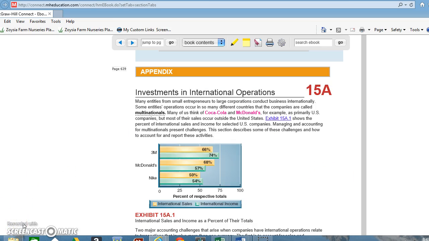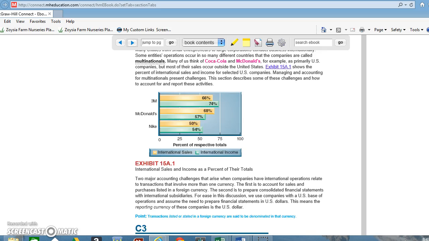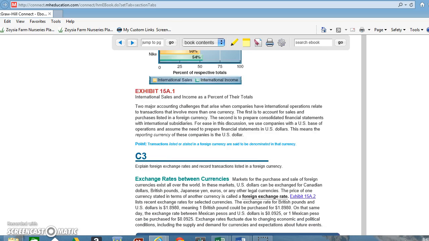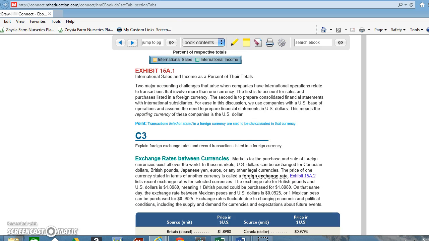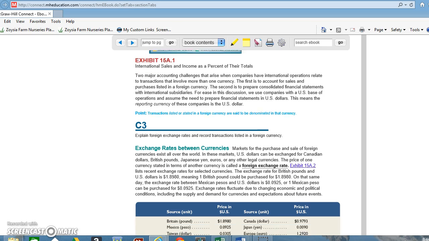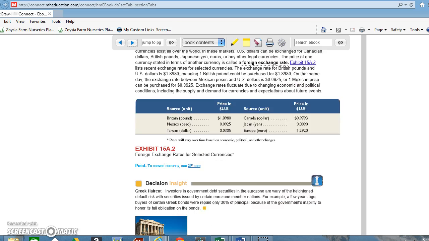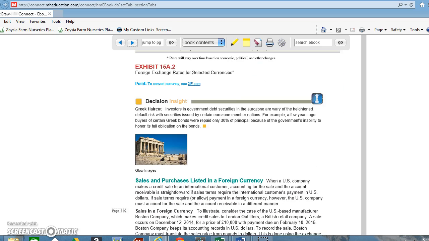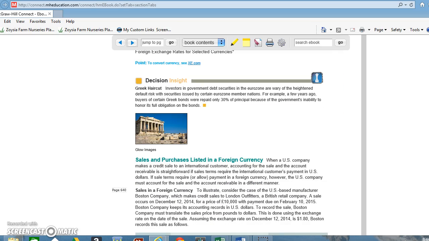The final part of this chapter, on 639, is dealing with international operations, and the discussion here basically centers around dealing with other countries' currencies while you're conducting business with your foreign operations. So give that a quick read. It gives you the flavor of things that you may encounter in more advanced accounting courses.